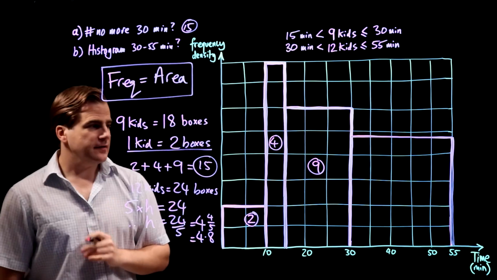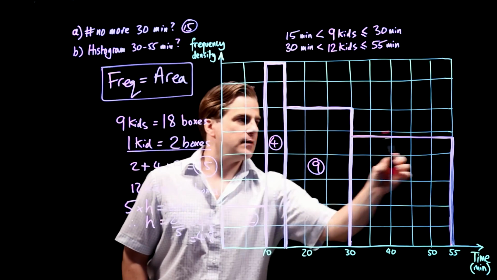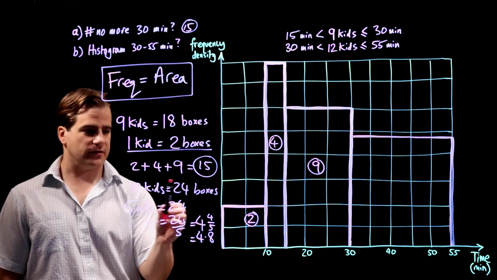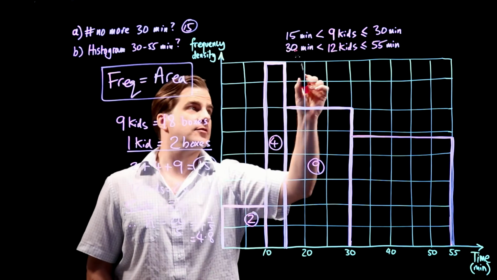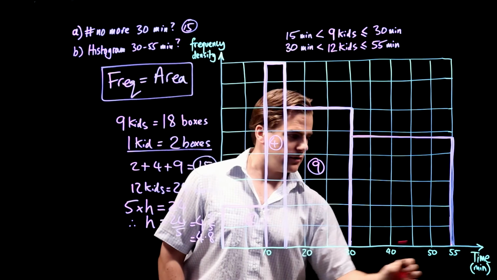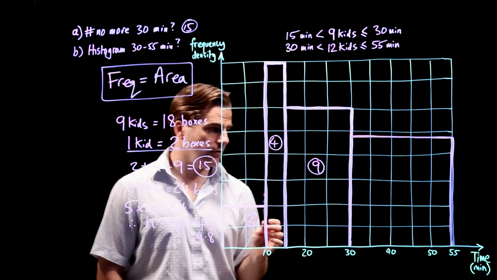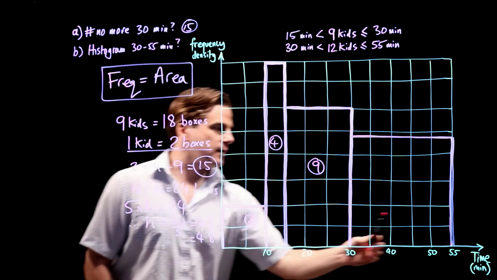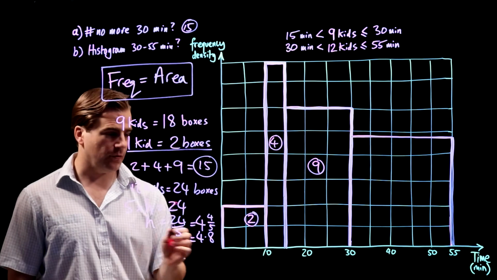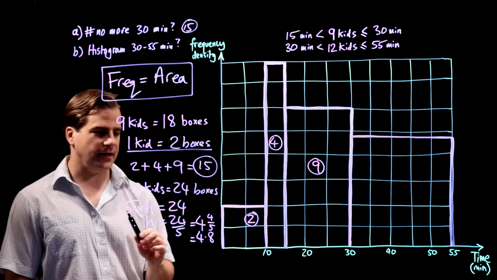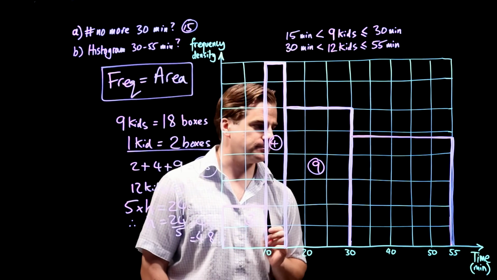Just to reiterate, this area has to be 24 boxes because that represents 12 kids between 30 and 55. So that times that must be 24. That's 5, and that has to be 4.8 because 5 times 4.8 is 24.